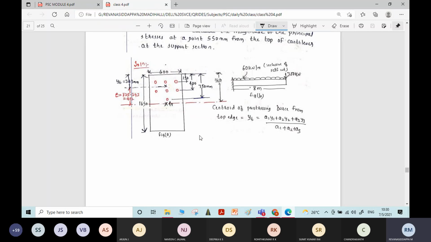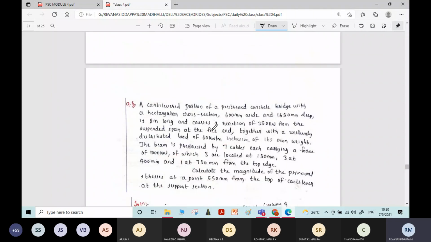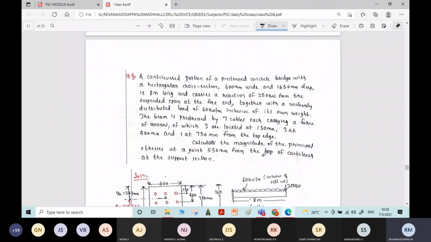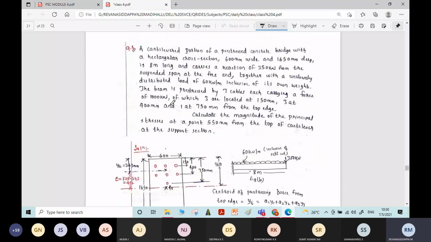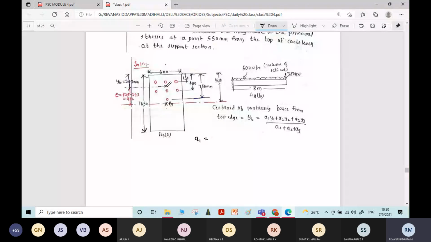Now first find a1. A1 is equal to the area of the first row of bars. The diameter of each bar is how much given? It is not given, right? Diameter is not given, just the number of bars is given. But still we can find the location of the centroid, no problem.